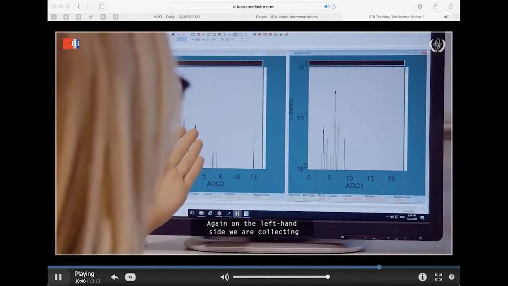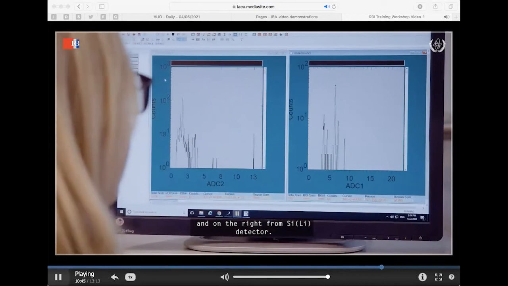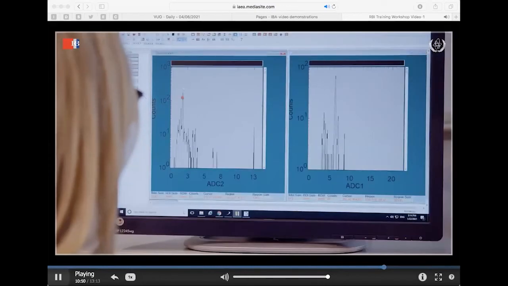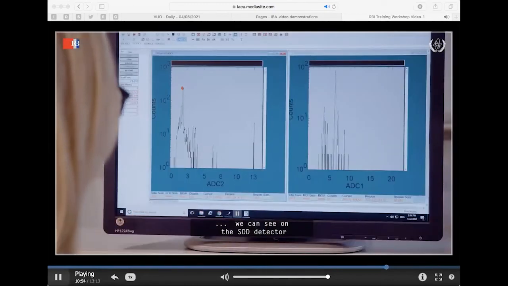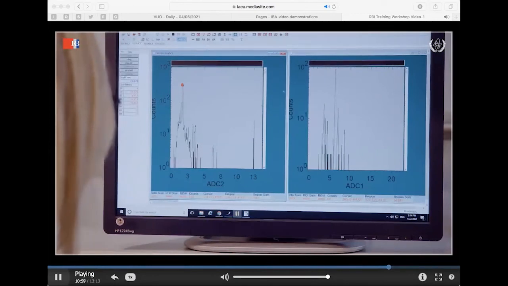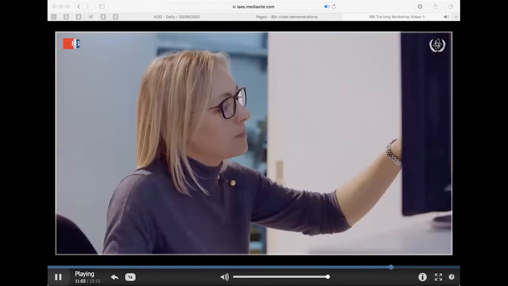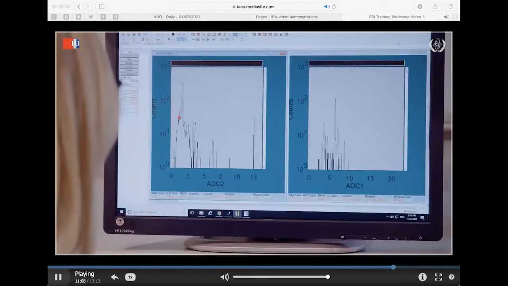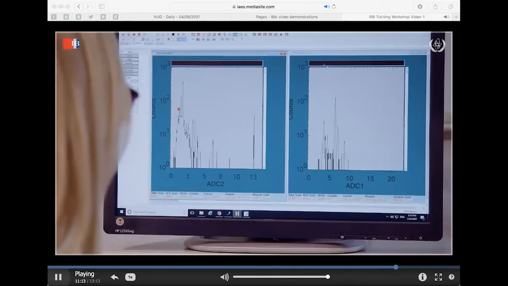Again, here on the left-hand side we're collecting the spectrum from the Sdg detector, and here from the Sdg detector. Okay, on a first glance, let's see what's inside. Here on the Sdg detector we have peaks corresponding to K lines of silicon, aluminum, magnesium, a little peak, probably sodium.